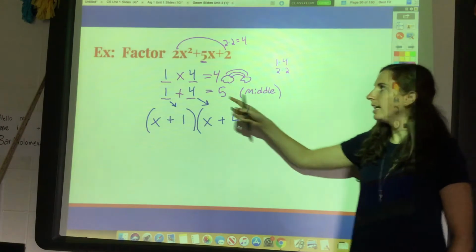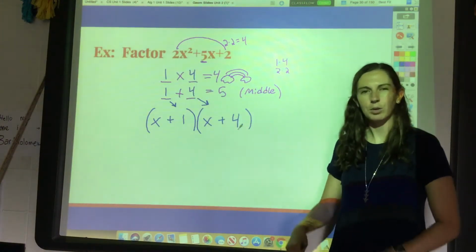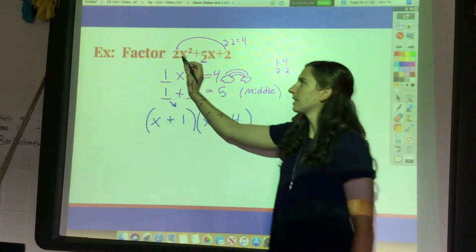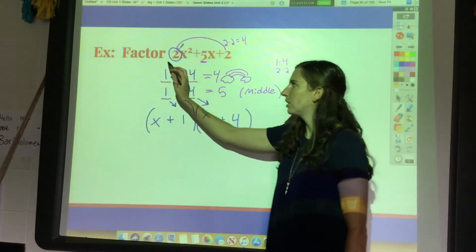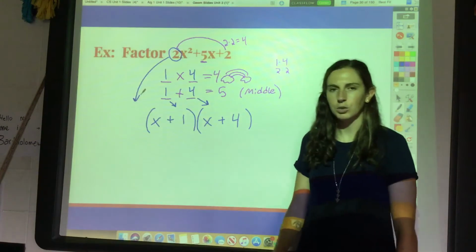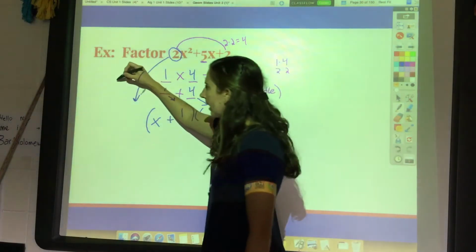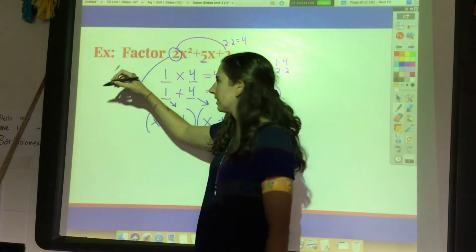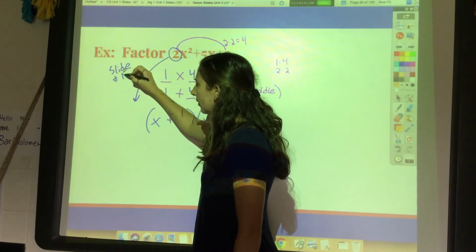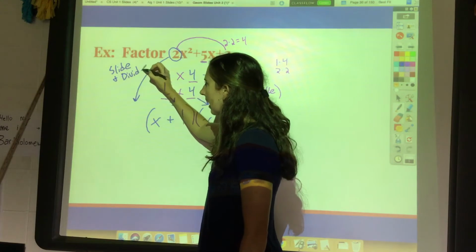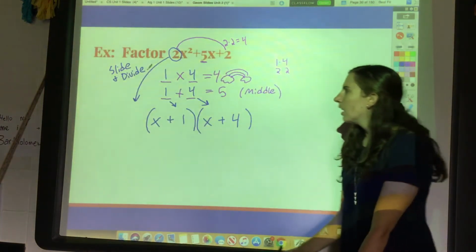If the leading coefficient was a 1, I would be done. But since the leading coefficient is a 2, we're going to need to bring that down here and do what I call divide or slide, or slide and divide, whatever you want to call it.